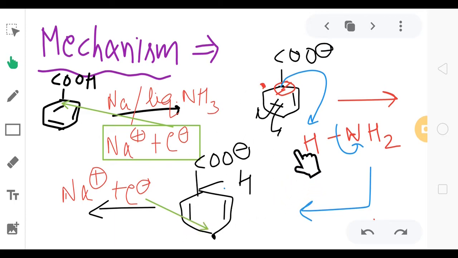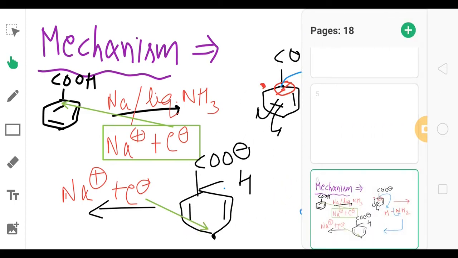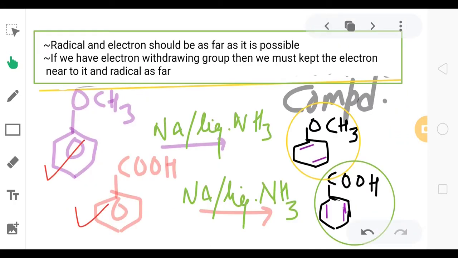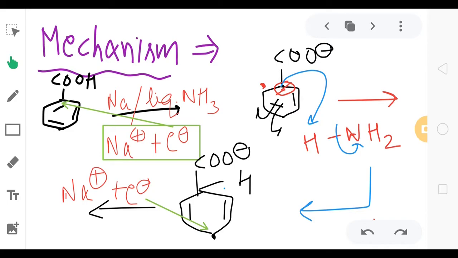Okay, now one thing I had written in the previous slide, see, radical and electron should be as far as possible. In the mechanism we have to keep the electron and the radical as far as possible, and the condition is that the negative charge would be at this carbon and the radical would be in the para position, which would be the favorable condition.